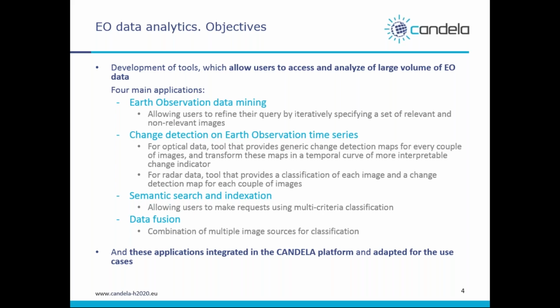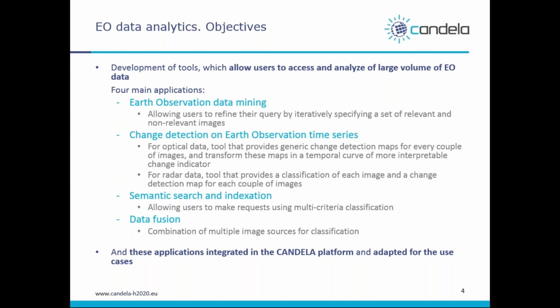The main work around semantics is led by IRIT, the institution dependent on CNRS, also in France, and our colleague Bawi will give you a quick overview on what will be available in terms of semantic search and indexation at the hackathon in Frascati.